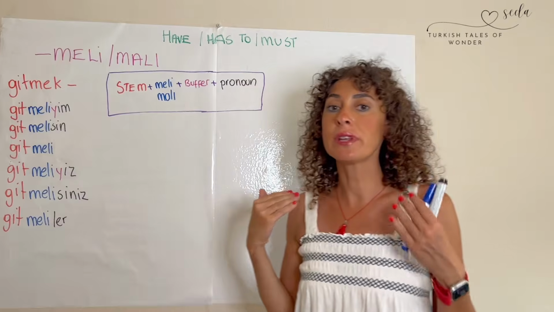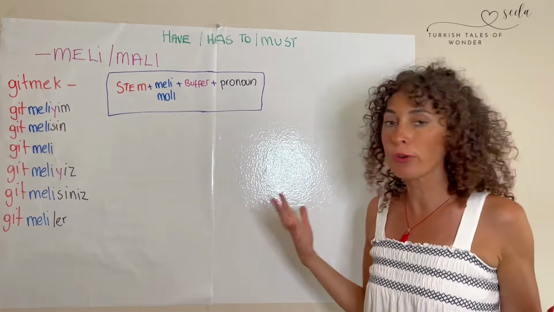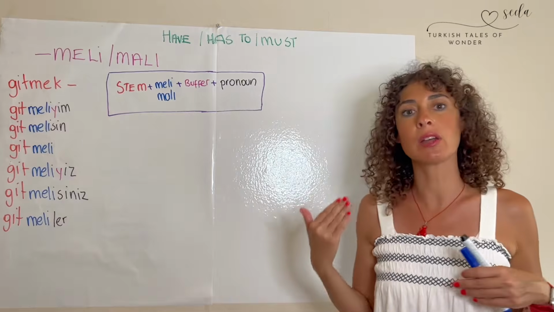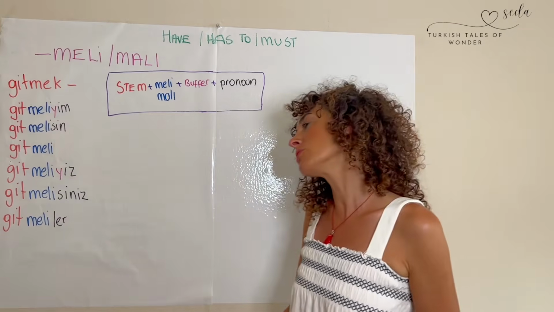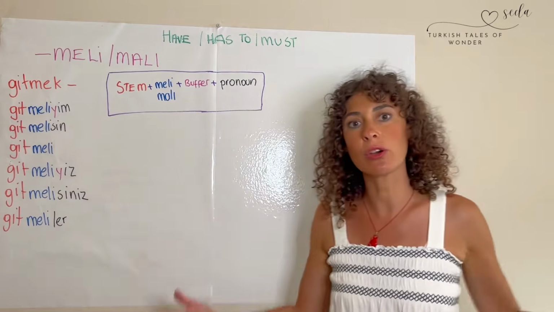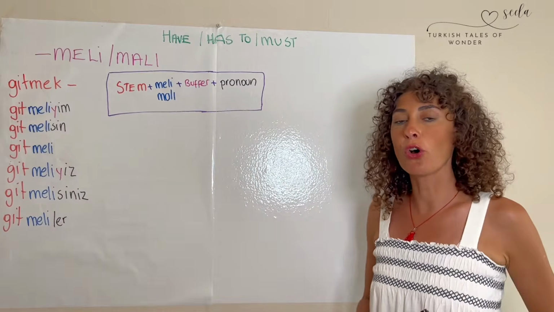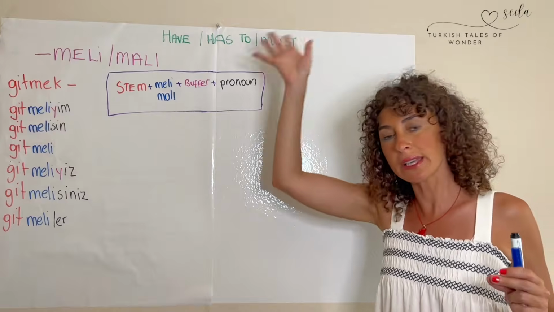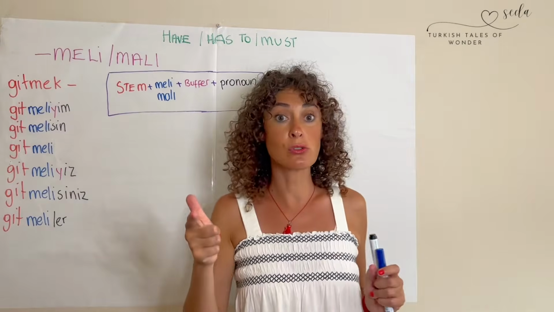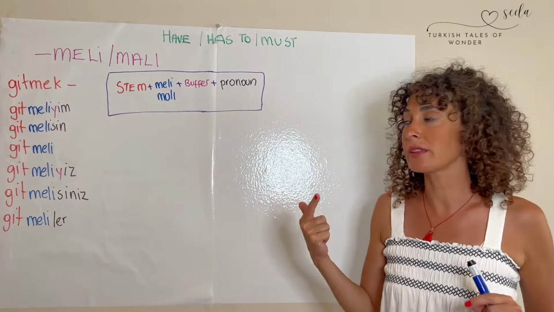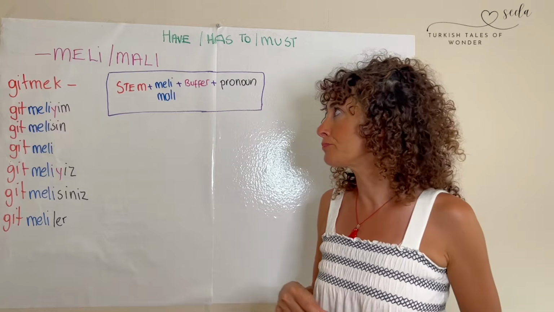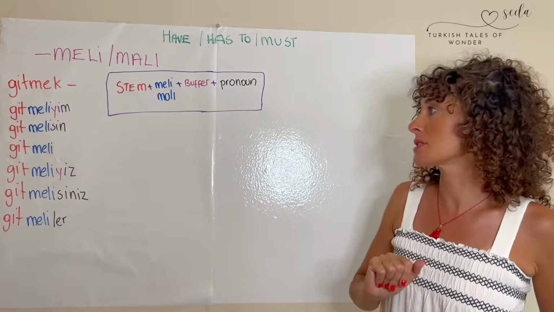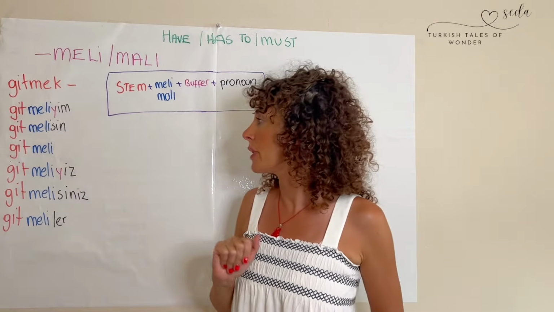If there are two, three, four versions of anything in Turkish, you have to think about vowel harmony rules. I know, you have to know the vowel harmony rules. I will keep saying that, and I will put a link somewhere to send you to vowel harmony rules to understand the logic behind it. But the good part is we have only two versions, so we don't have four, five, six.